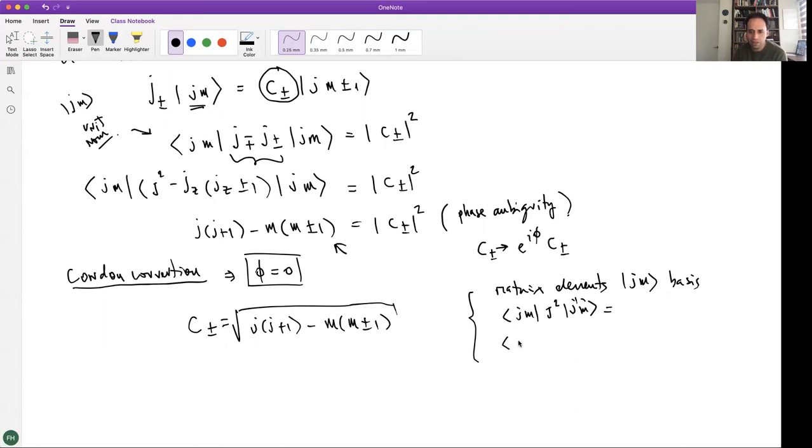You can write down Jm for Jz and any component, J prime m prime. These two operators are diagonal. And then you can also write down now Jm of J plus minus, and these are off diagonal. These are non-diagonal operators.